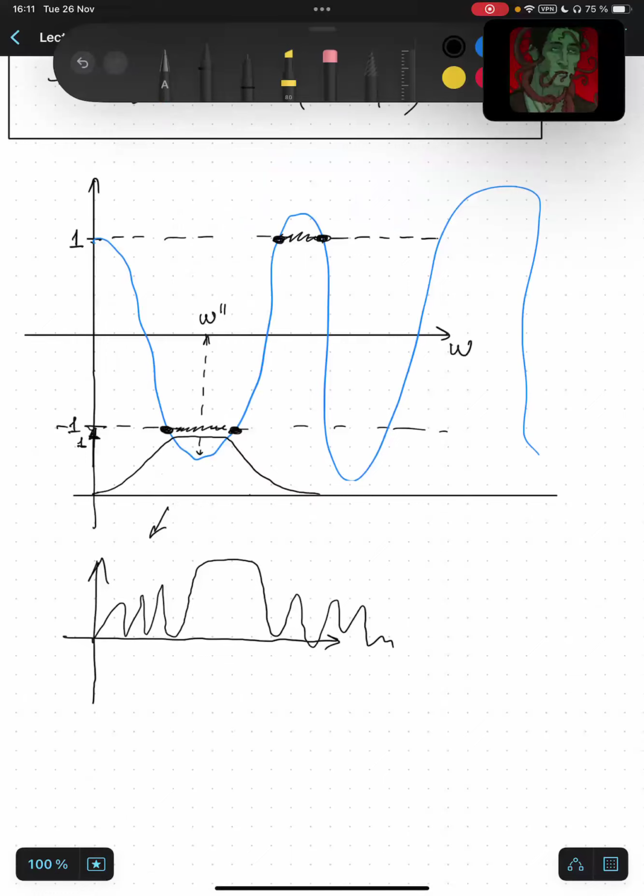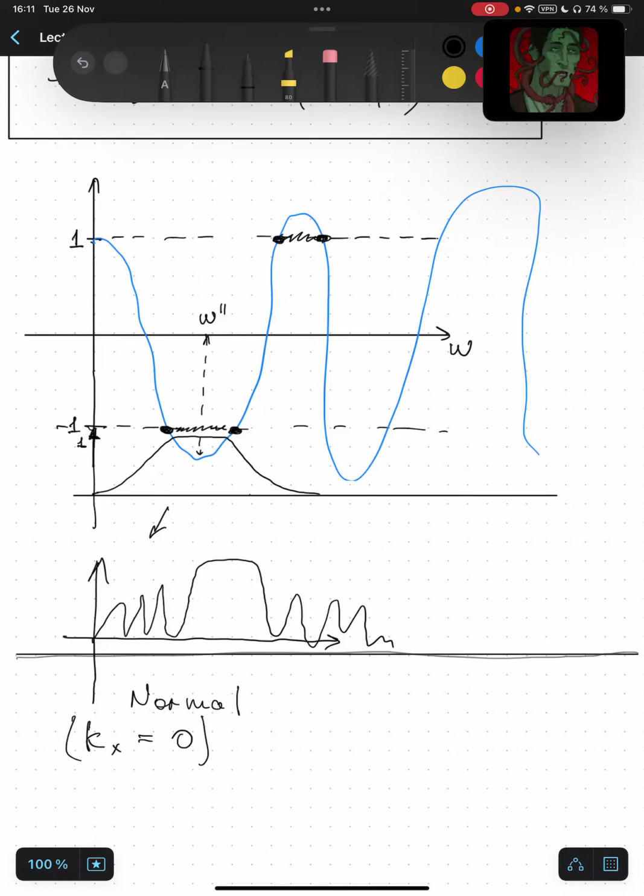But for today, let's start by considering the normal incidence. As you understand, I hope, normal incidence is where kx equals 0.